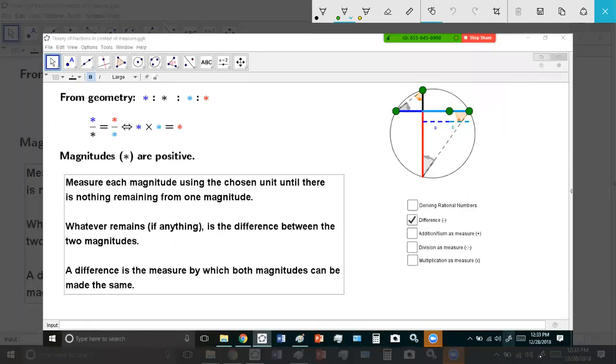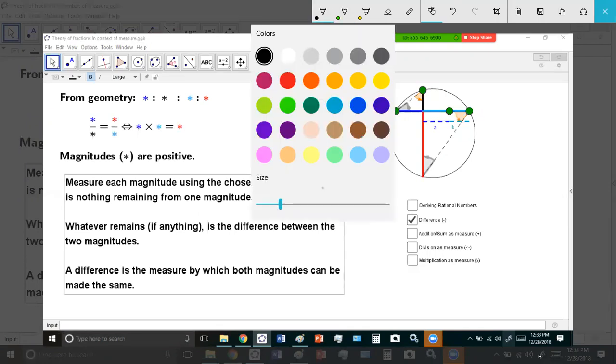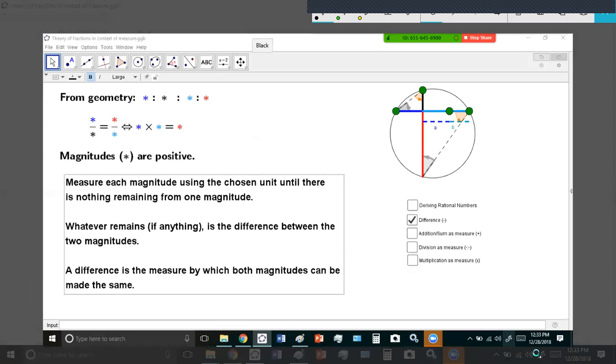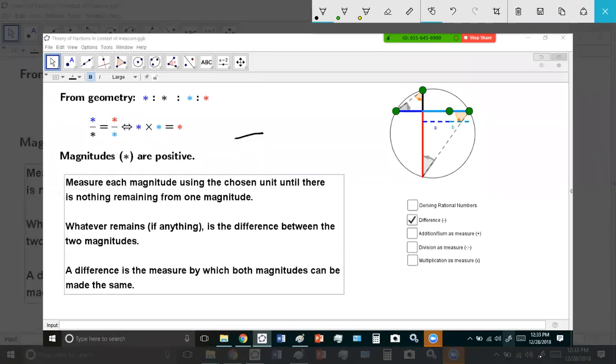So now, if we want to consider the operation of difference, well, if we have 2 line segments, like this and like that, okay, and of course they're in terms of units, then we know that this part here after the colon is called the denominator or the consequent, okay.